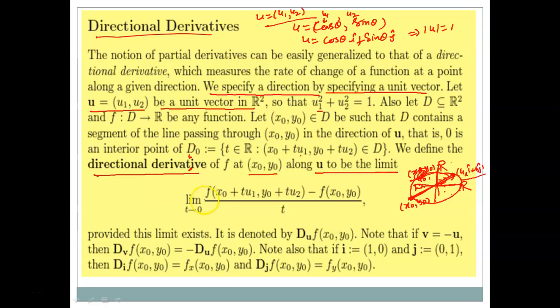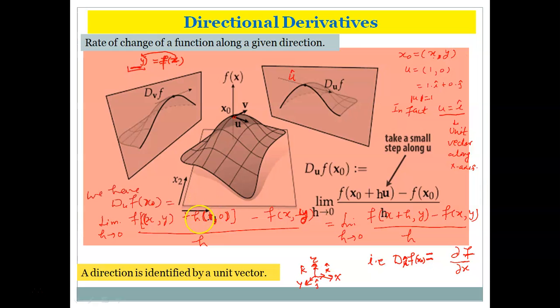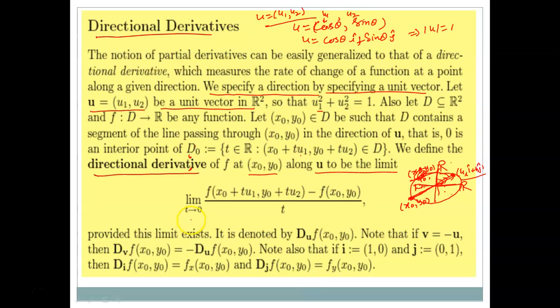In the earlier case, I took the small step along the x-axis or along the y-axis, that was h. Along the x-axis I have discussed here, that was h. But here we are taking the step along x and y, because now we are neither moving along the x-axis nor the y-axis; we are moving somewhere else. So when we are moving along some other direction, we are moving along x as well as along y.